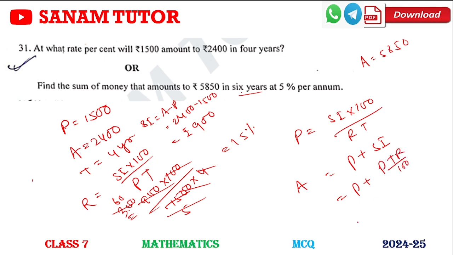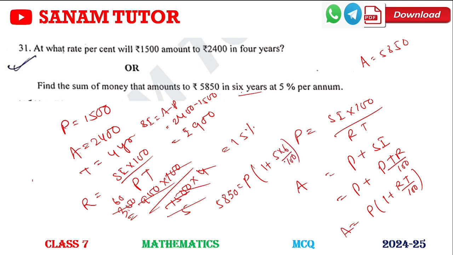So take P common: P into 1 plus RT by 100 equals A. Now put the values: 5850 equals P into 1 plus 5 into 6 by 100.